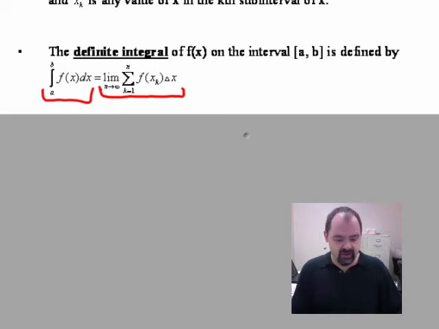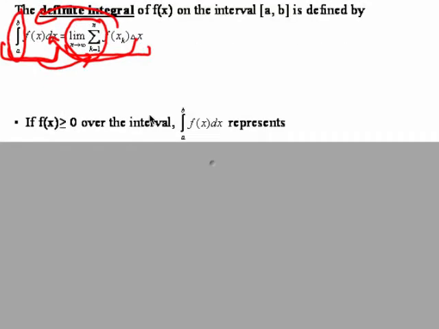You just want to think of this as a replacement symbol for this. And there are parallels, as you can see. The limit of the sigma, the limit of the sum, is replaced by the integral sign from a to b. The f of x is f of x, and the delta x is dx.